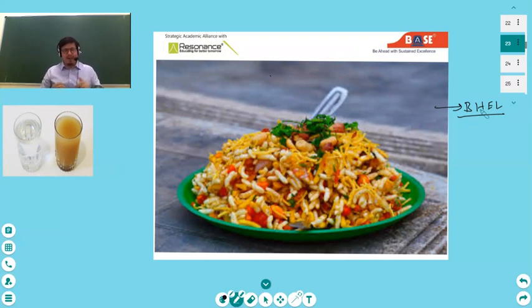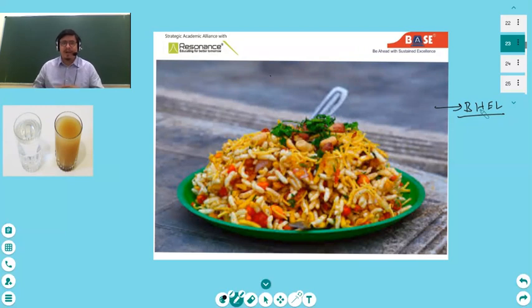Second point, there is no fixed proportion. For example, I don't like onion, so I will tell the bhel puri wala, Anna, give me less onion. Someone likes more onion but less tomato. Someone says don't give me coriander. Someone says don't give me khara chutney, only sweet chutney. So there is no fixed proportion.